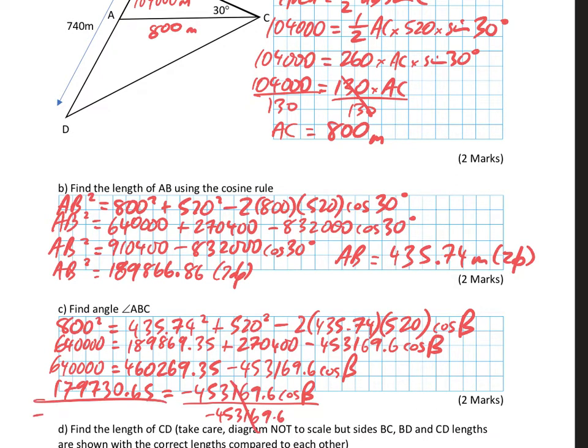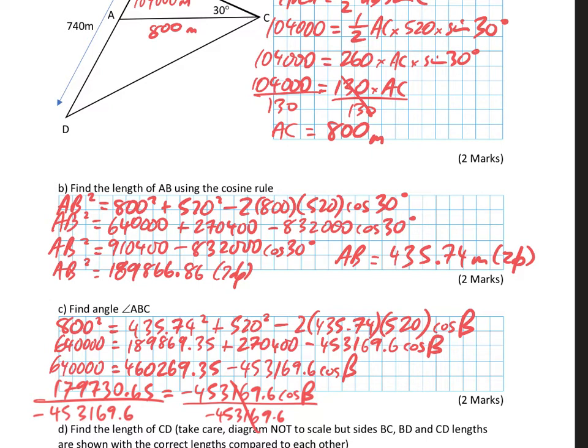If I also do the same thing on the other side, cos B is going to be 179,730.65 divided by negative 453,169.6, which is negative 0.39 and so on. It's a long number there. I'm going to keep that.